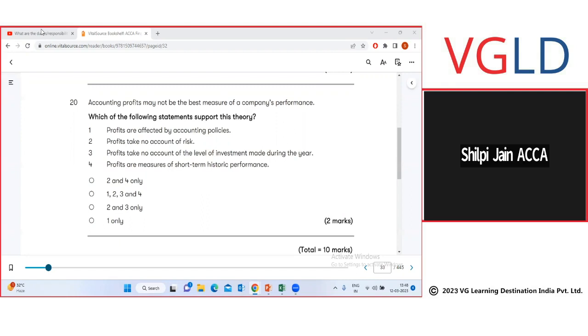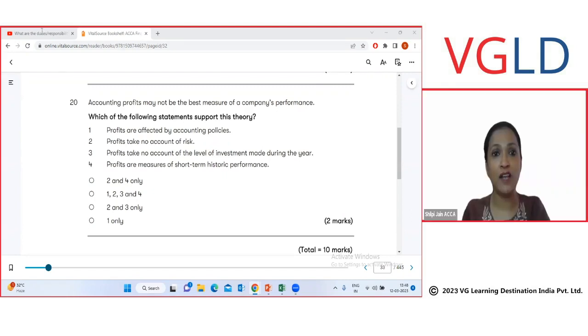Accounting profits may not be the best measure of a company's performance. Which of the following statements support this theory? Profits are affected by accounting policies. Definitely, yes. Profits take no account of risk. That's true as well. Profits take no account of the level of investment made during the year. That's true as well. And profits are a measure of short-term historic performance. That is true as well. So I will definitely go in for that. All the statements are true, which is option number B.